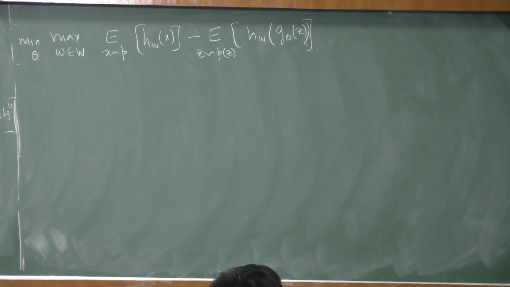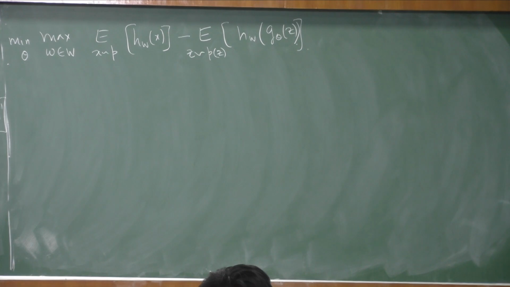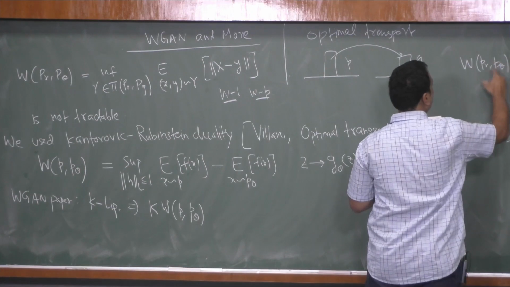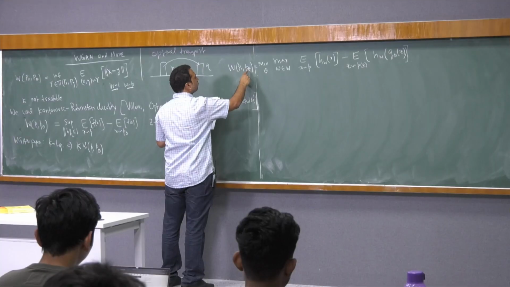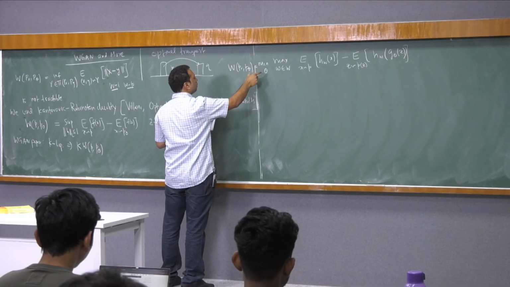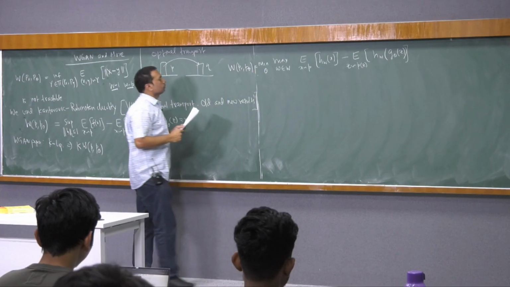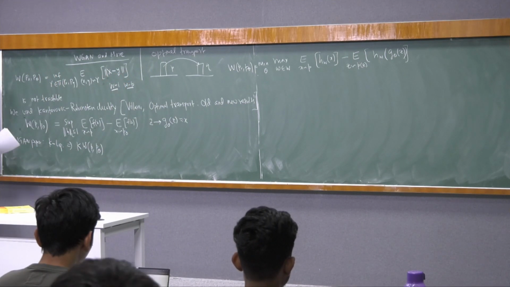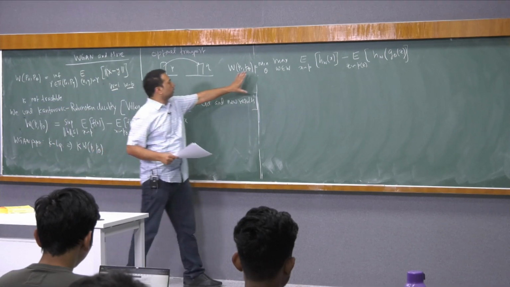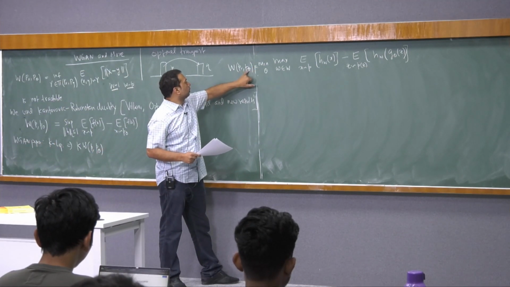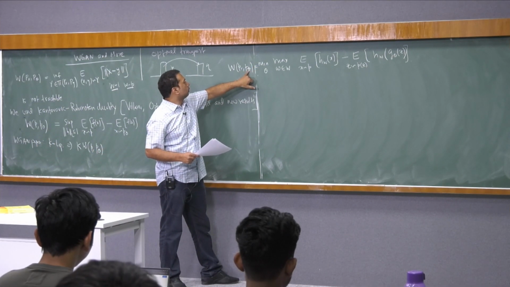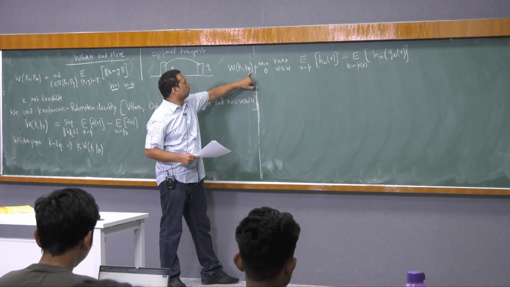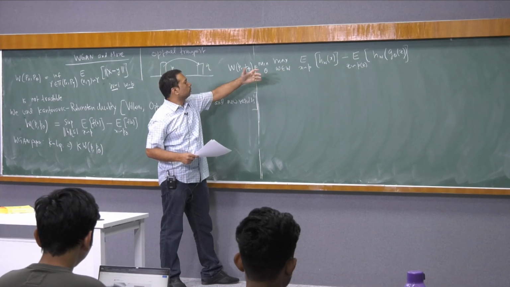Because it's an estimation problem, that's why we have to do this. We have to find a theta for which the overall quantity is decreased, so that's why we have a minimum here. If you don't do the minimum, then P_r and P theta are known distributions and you're just computing the measure.